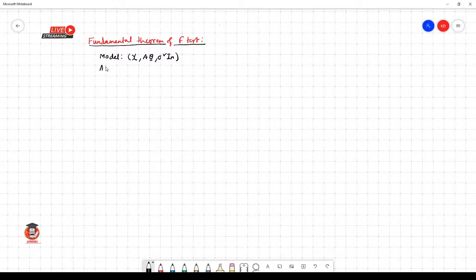Assume a set of independent estimable parametric functions.